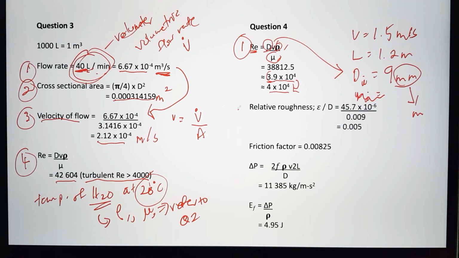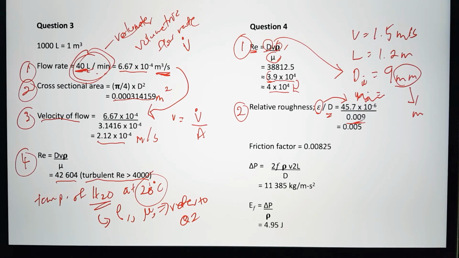The following step is to get the value for relative roughness. This epsilon value, you are going to get it from the diagram, and you need to look for the material. The material for this tubing is stainless steel. So epsilon is 45.7 times 10 to the power -6, followed by the diameter.